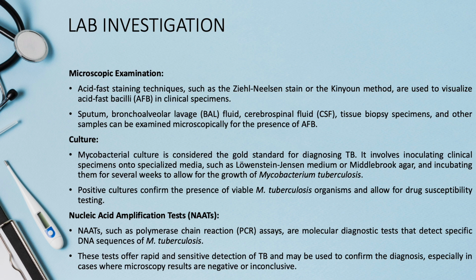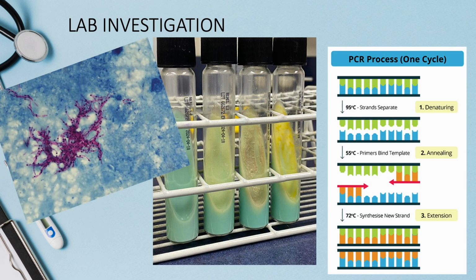So you need close and repeated contact with the person in order to get infected. This is good about tuberculosis, right? That means just one accidental contact doesn't put you at big risk.